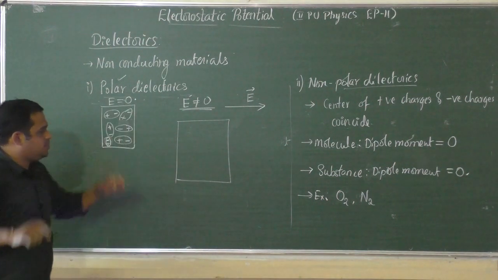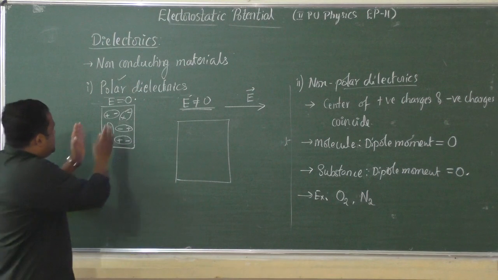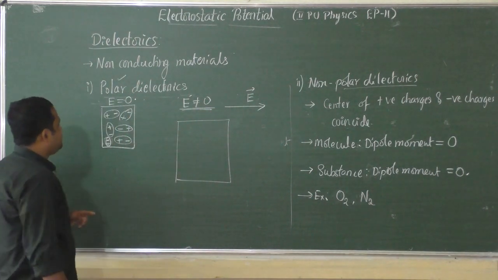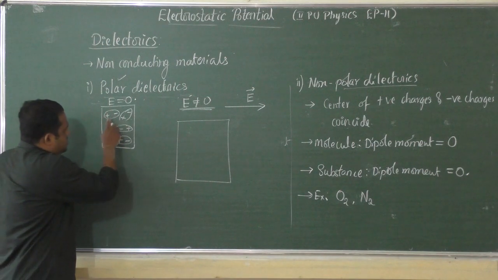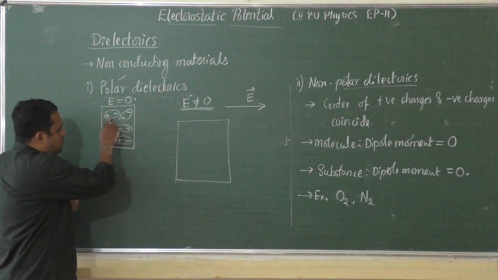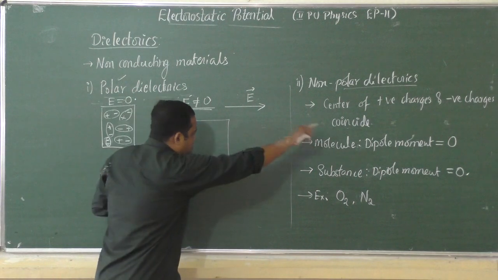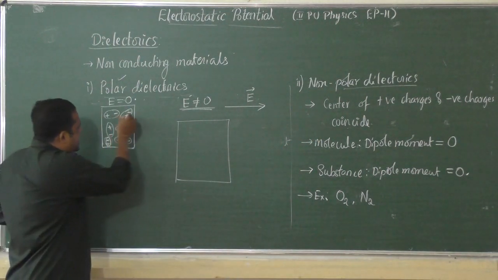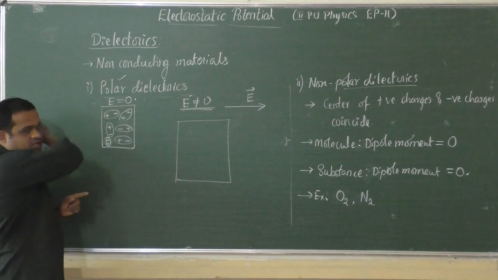We studied that in the previous chapter. Now, when this dipole is placed in the external field, the positive charge of each molecular dipole will experience a force along the direction of the electric field, and the negative charge will experience a force in the opposite direction.